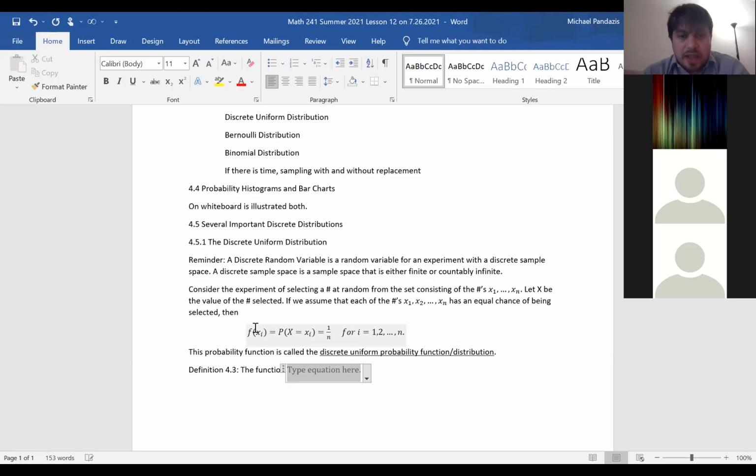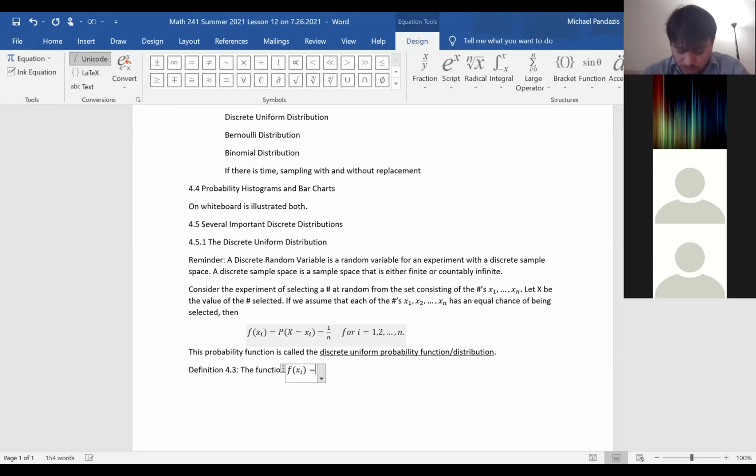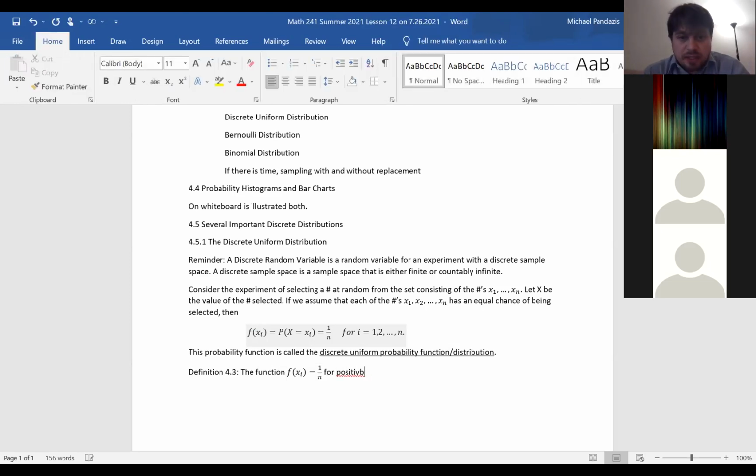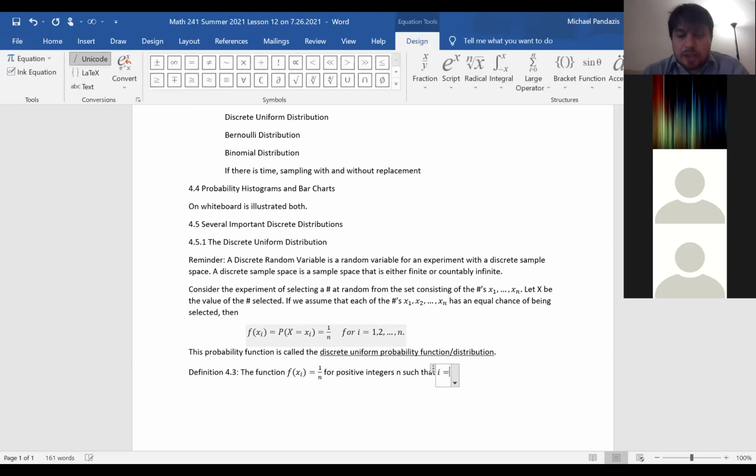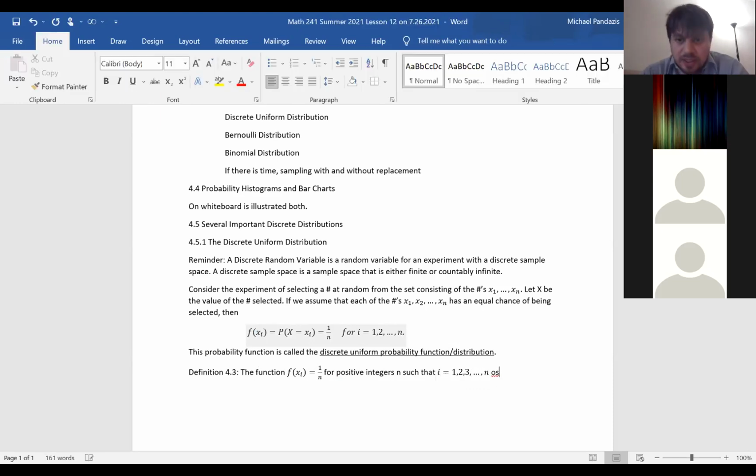The function f of x sub i, which is equal to 1 over n, for positive integers n, such that the possible values of i are 1, 2, 3, and so forth, up to and including little n, is called the discrete uniform probability function.